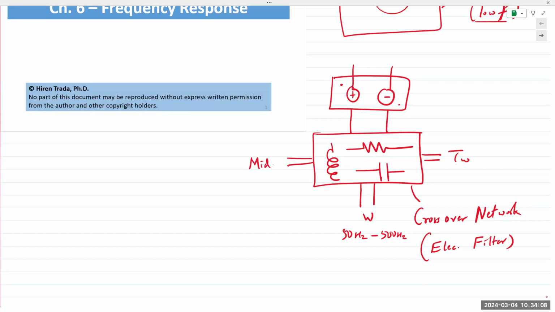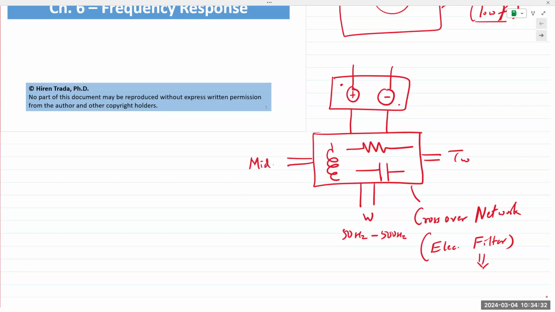Okay. So anyway, this circuit utilizes the frequency dependency of an inductor and a capacitor. The frequency dependency of the impedance of an inductor and a capacitor is what allows us to actually do this filtering magic. And hence the name of the chapter, frequency response.